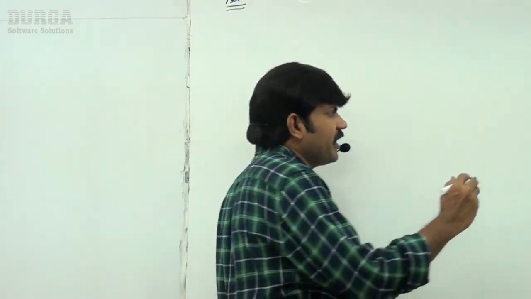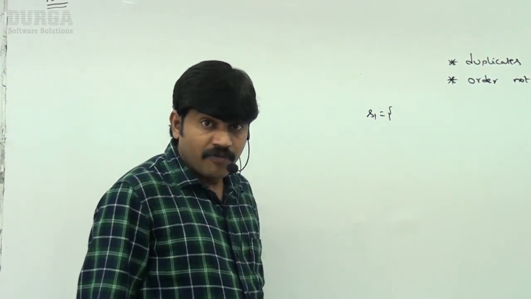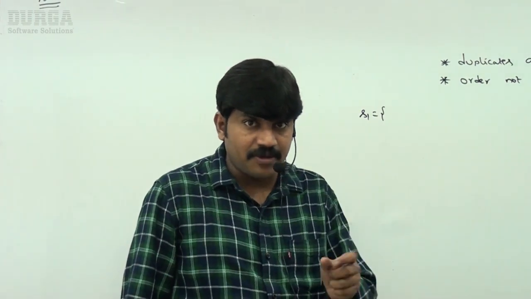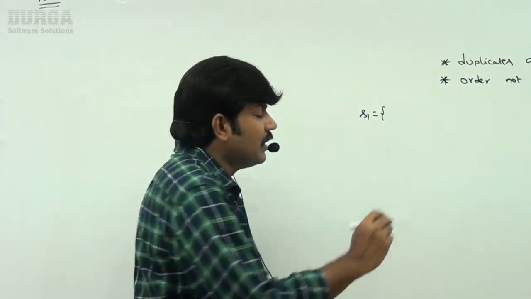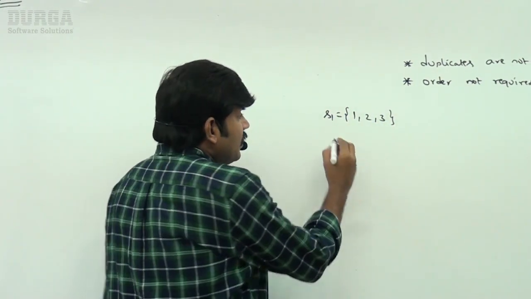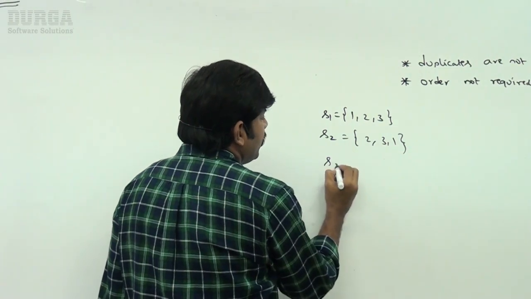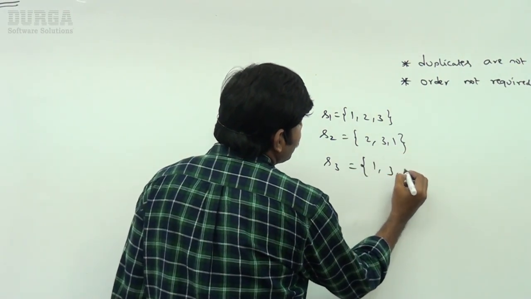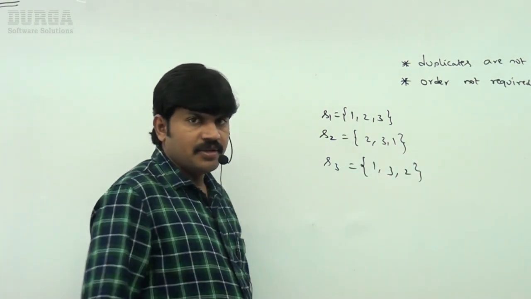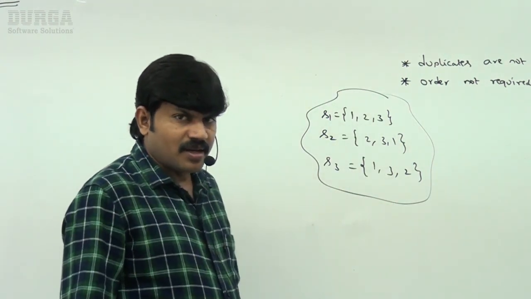Like in general mathematics, if you observe, sets, relations, functions, discrete mathematics, somewhere in our academics we covered this. S1 is equal to {1, 2, 3}, S2 is equal to {2, 3, 1}, S3 is equal to {1, 3, 2}. Can you please tell whether all these sets are equal or not?